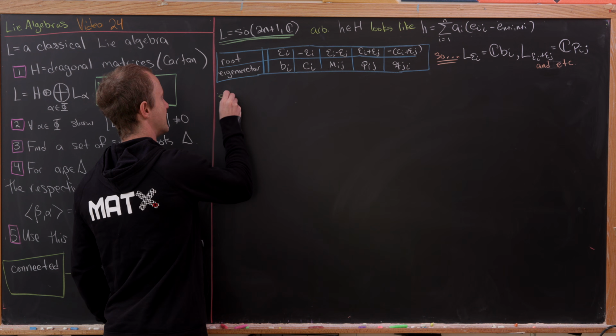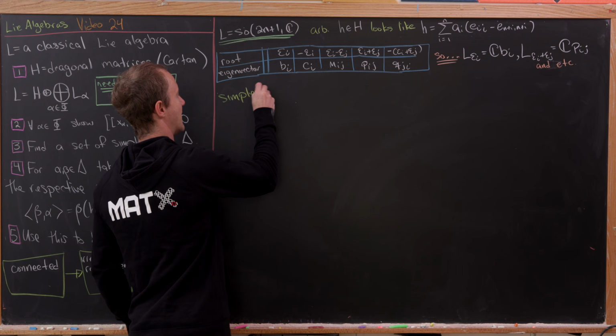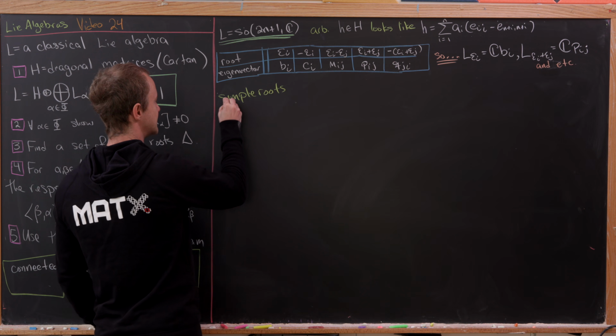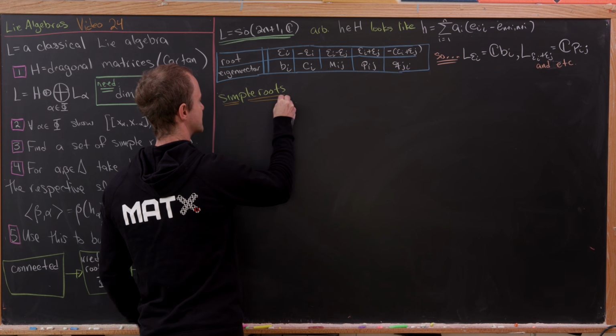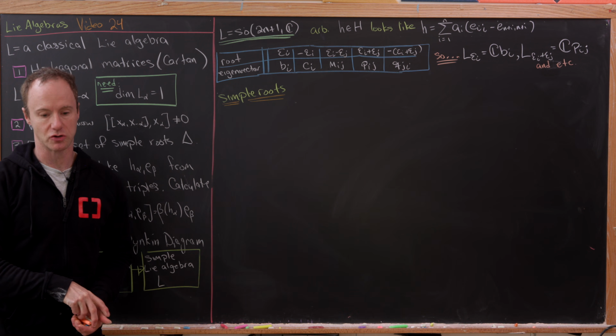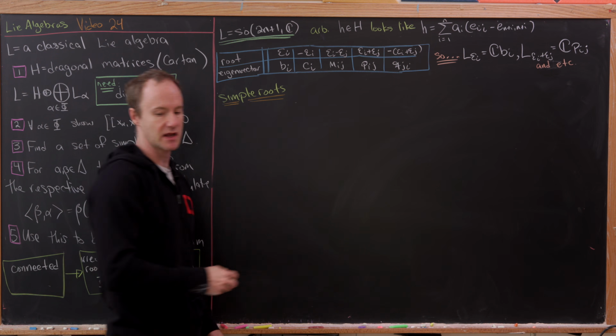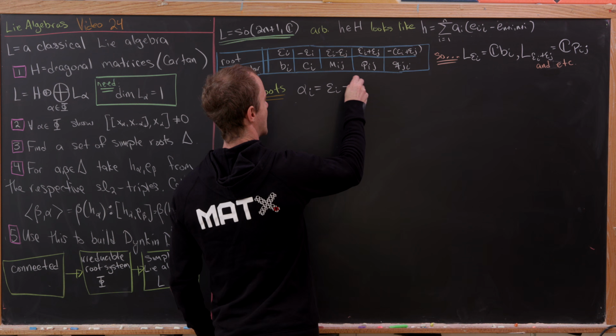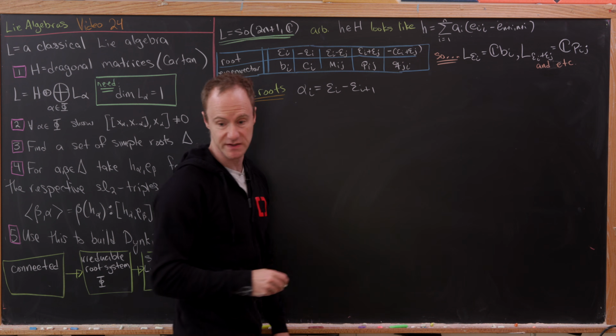Okay, so now at this point, we could see if we can come up with some sort of logical choice of simple roots. And it goes like this. We'll take alpha I to be epsilon I minus epsilon I plus 1.